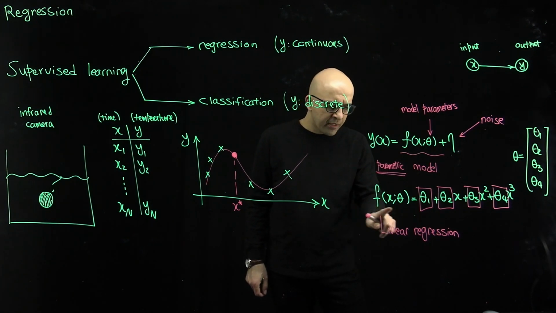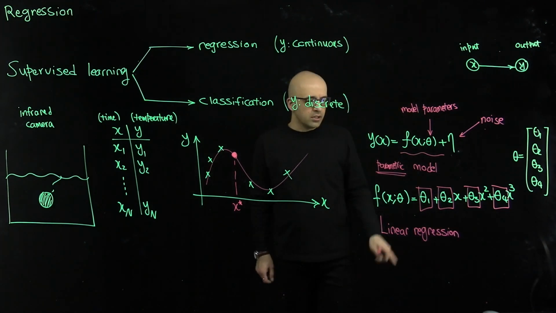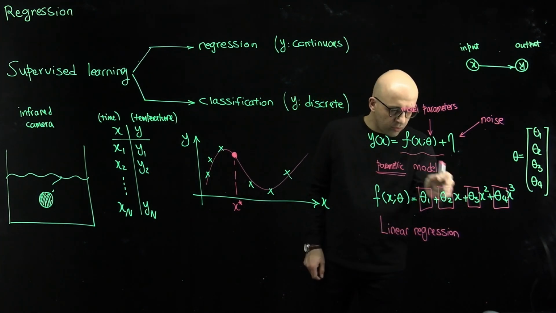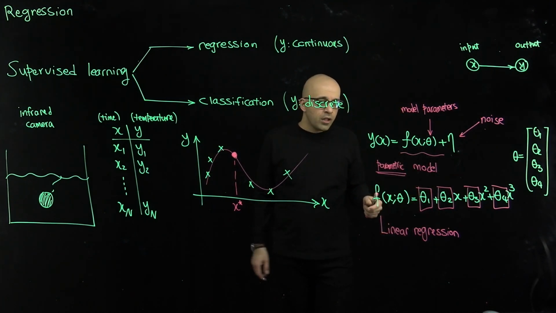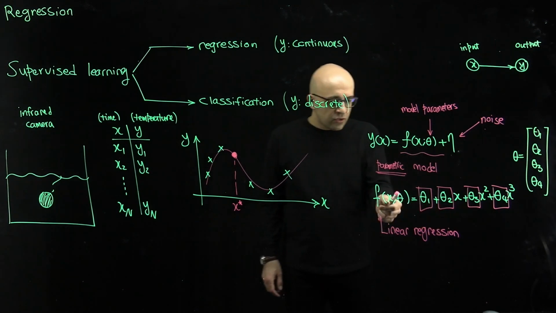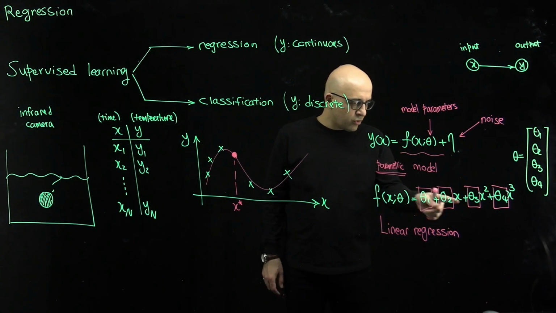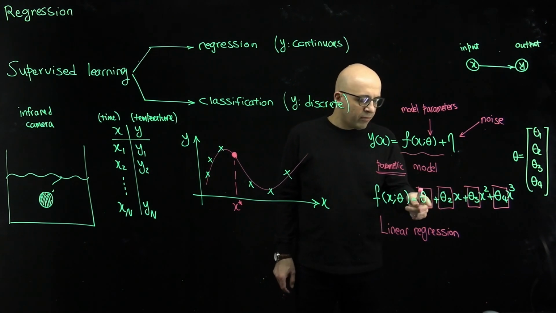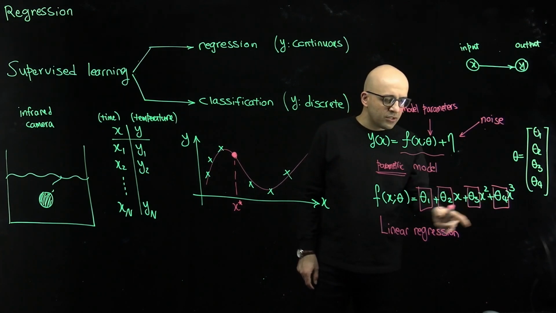So f with respect to theta has a linear relationship. Right? So theta just shows up with exponent 1 here in all of these things. So that's a linear model. Although the dependence of f to x is nonlinear, if we look at the choice of the model we've made here, we chose a polynomial model, and so we have 1, x, x squared, x cubed.